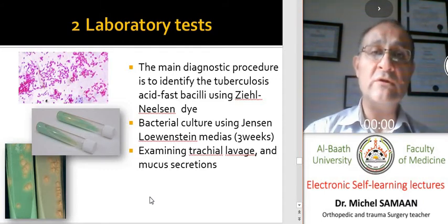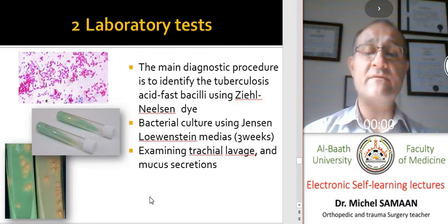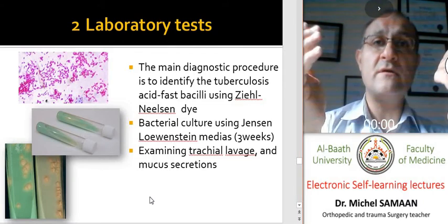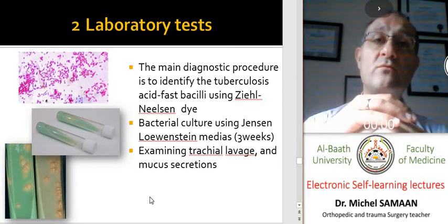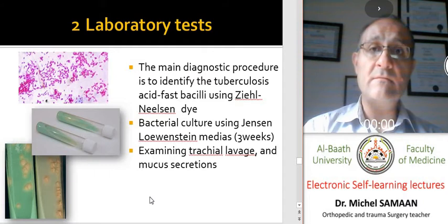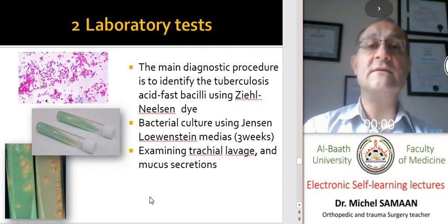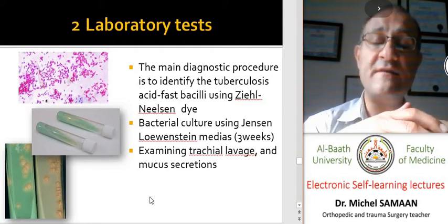We should pay attention and always direct the physician in the laboratory that we should not use gram stain, but we should use Ziehl-Neelsen stain to identify these acid-fast bacilli.